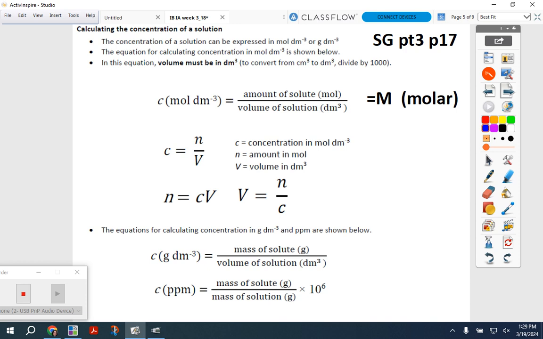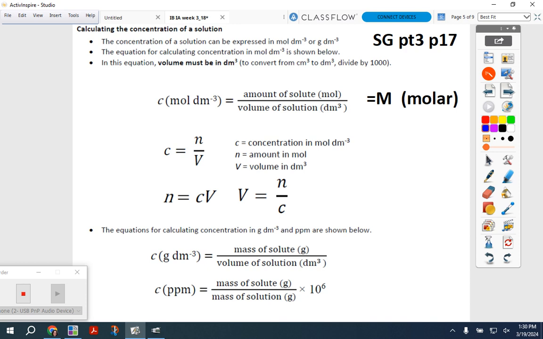There are also a couple of situations where you would want to use 2 other methods of portraying the concentration. One is grams per decimeter cubed, or grams per liter, rather than moles per liter. And occasionally in parts per million, which is basically a mass over mass equation times 10 to the 6th, times a million.